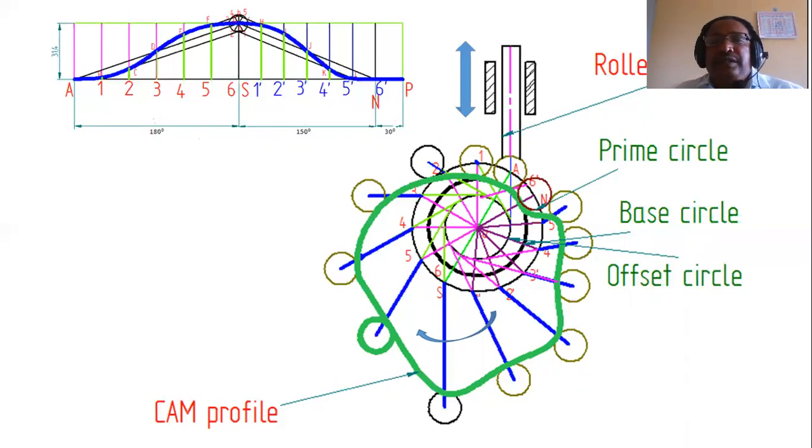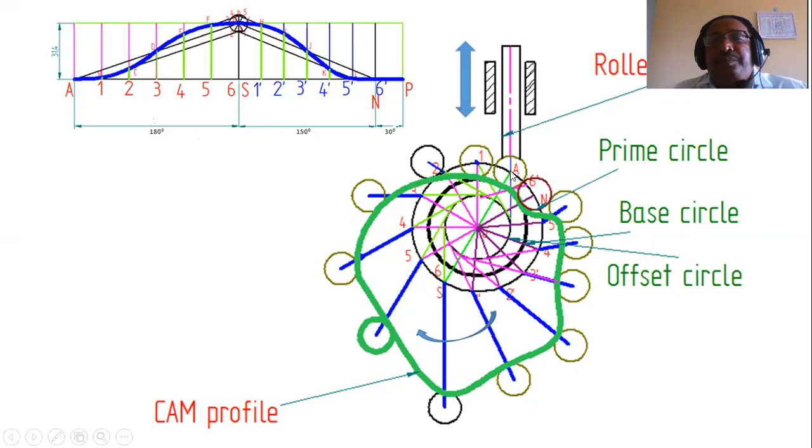Then you see this. This is the axis of the roller follower, and this is the axis of the cam. This is offset by 10 mm. That is, the axis of the roller follower and the axis of the cam are offset by 10 mm.